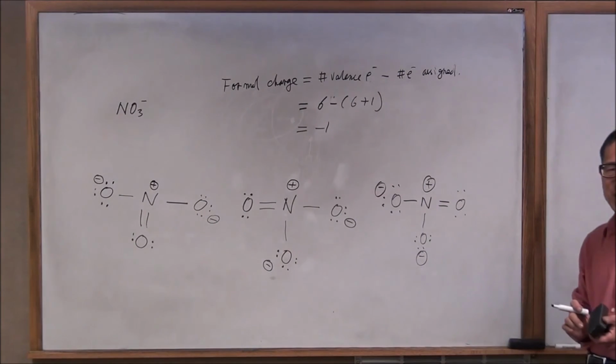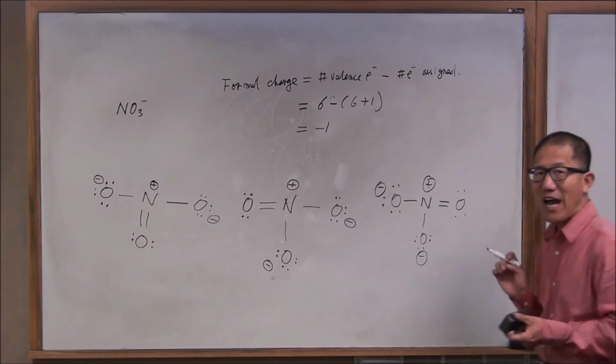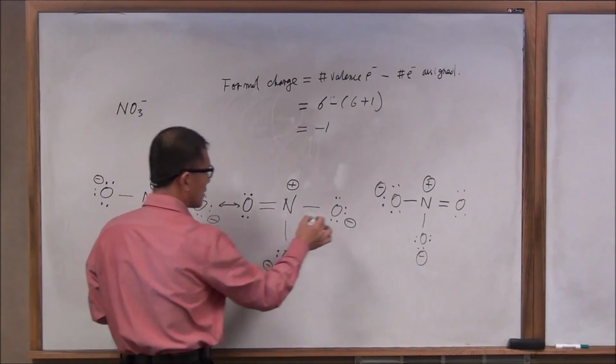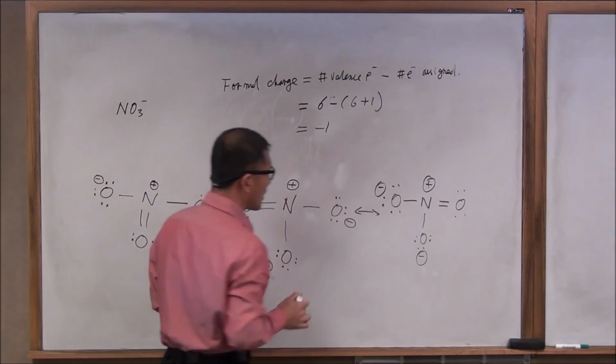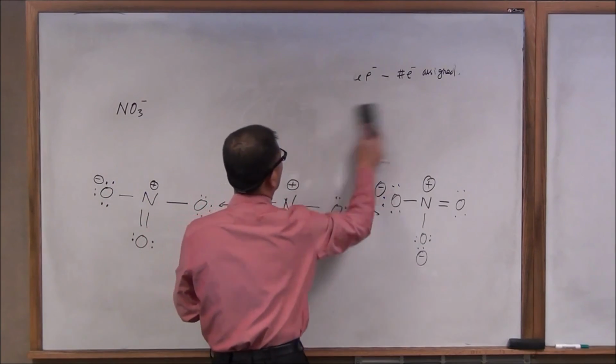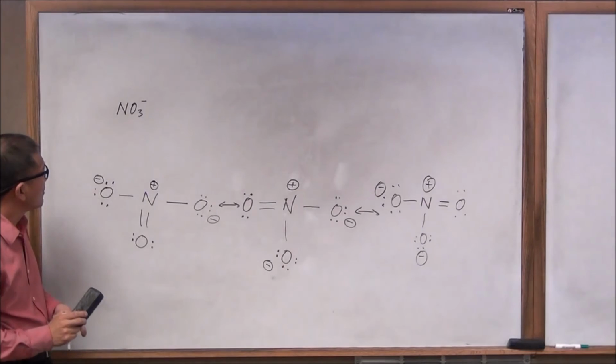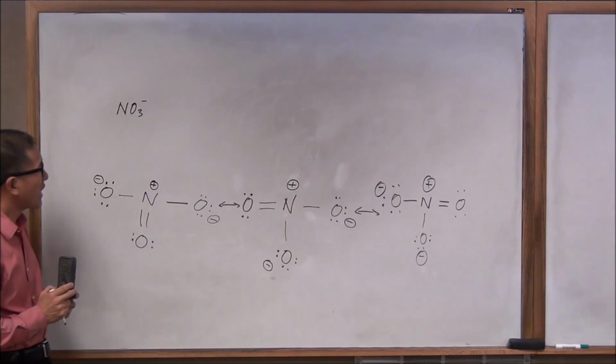And then after you finish all the resonance structures, I want you to put down the double arrows to connect all of them. And this will be the final answer for the resonance structure for nitrate ion.